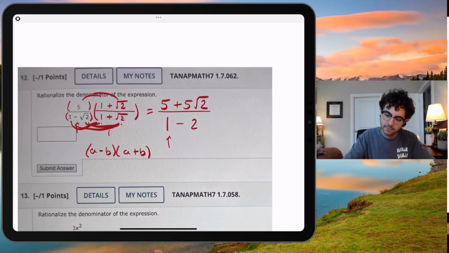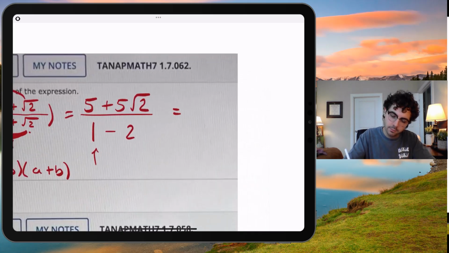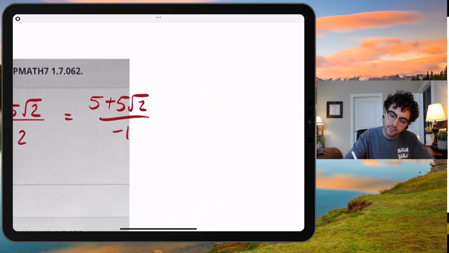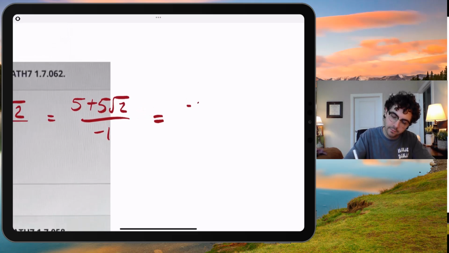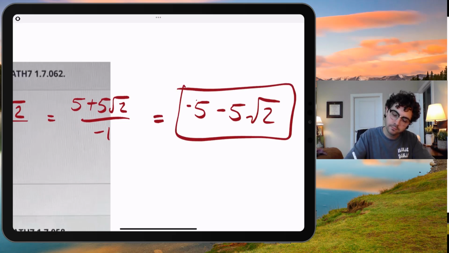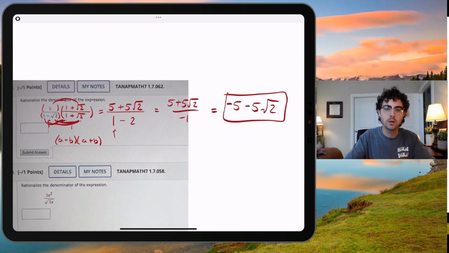We'll distribute the 5, and simplify it a little bit. We get negative 1 in the bottom. So it's basically 5 plus 5 root 2 over negative 1. So let's just negate everything. We'll call it negative 5 minus 5 root 2. And that's it for number 12.